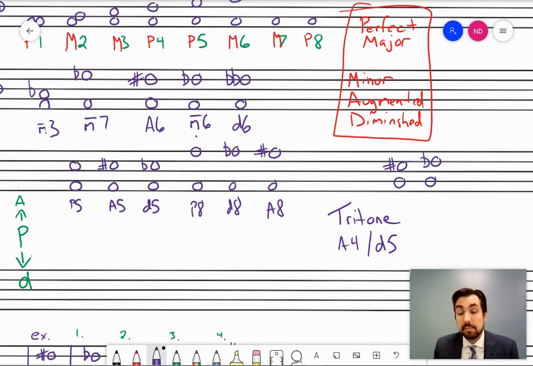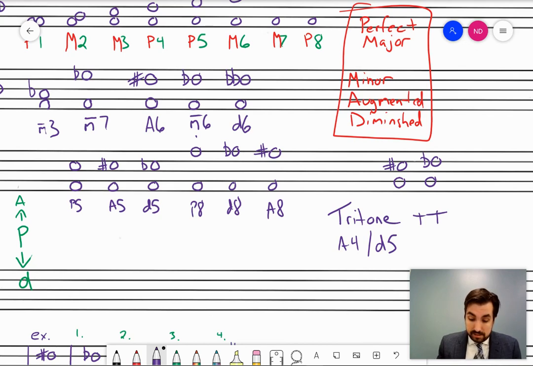So if instead of labeling something augmented fourth or diminished fifth, you could label it tritone, or TT, and that would work for labeling. It's called a tritone because the distance between is 3 whole steps. From G to A is one, A to B is another, B to C sharp is another. That's why it's called a tritone.